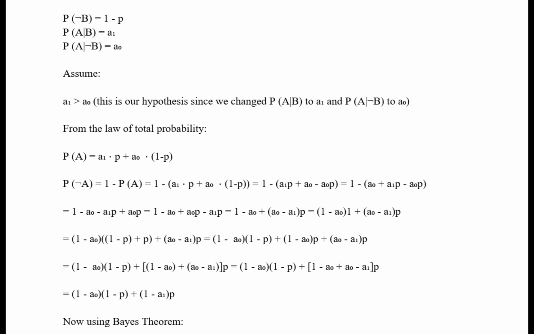Having these terms as placeholders is going to make it a lot easier to do all of the math. Then I'll show how it's relevant at the end of the proof.